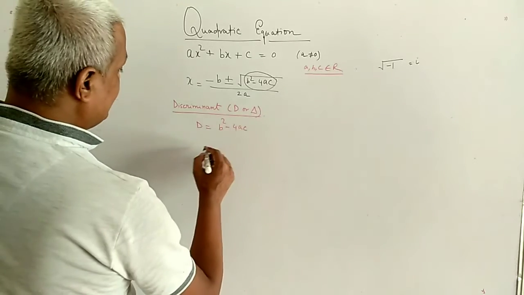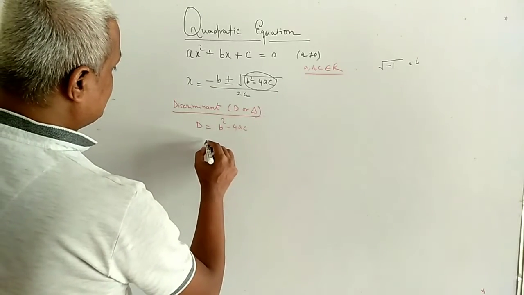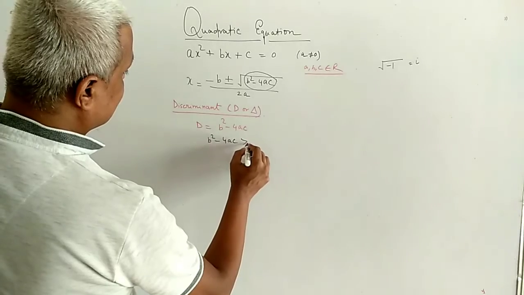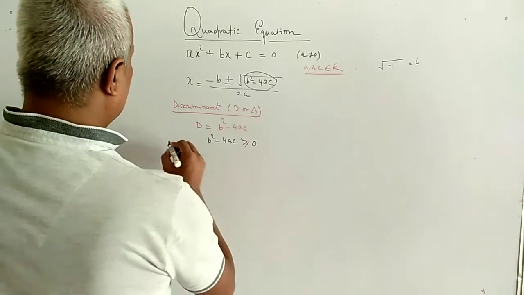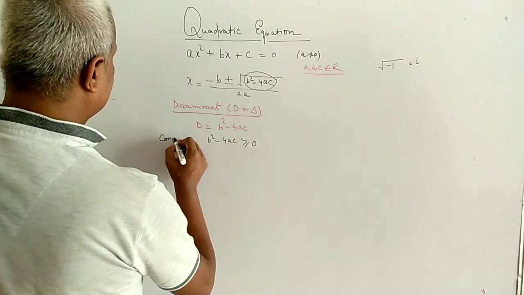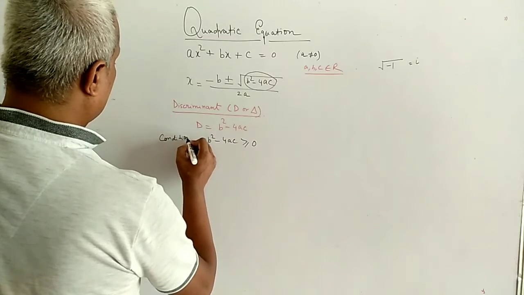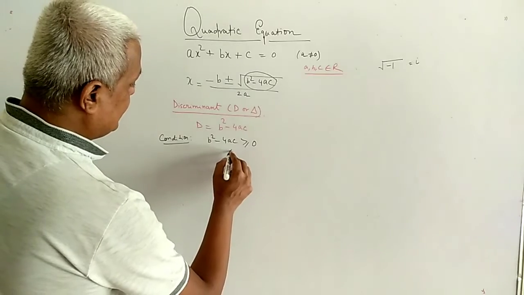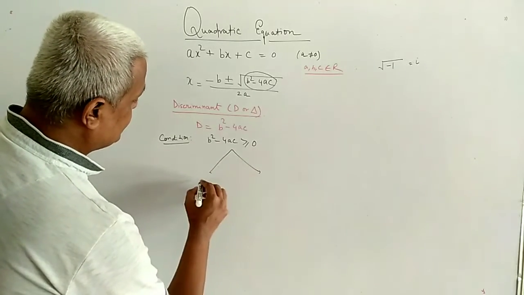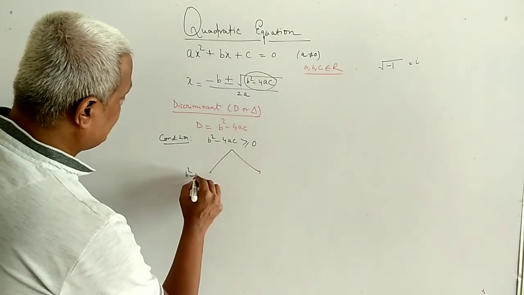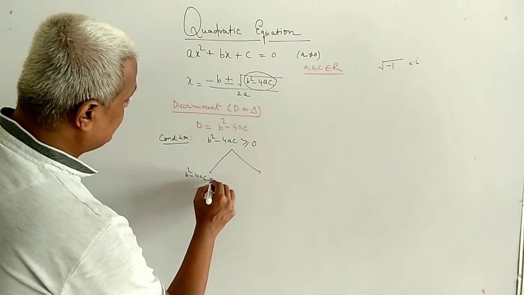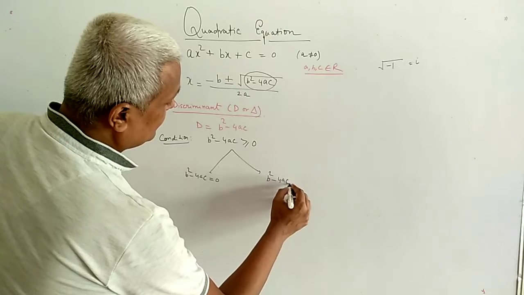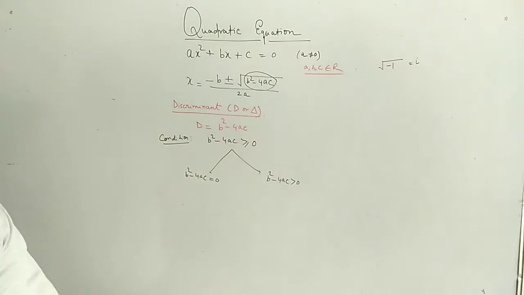So now here we say that suppose b square minus 4ac is greater than or equal to 0. So this is the condition. Then here you find that this gives you two cases. Either b square minus 4ac equal to 0 or b square minus 4ac greater than 0.